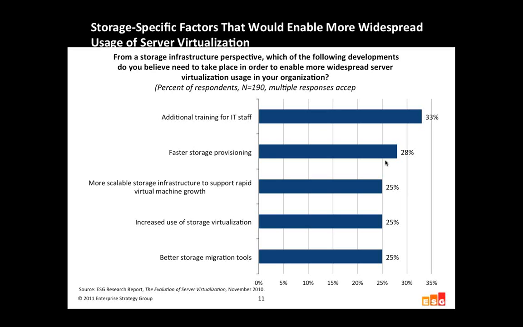So if a virtual machine can move all over the data center in a virtual server world, the data has to be able to move around with it. It does no good if you're moving a virtual machine from physical host A to physical host Z if the data is still stuck to physical host A, for example. So storage virtualization technologies, which arguably have been around even longer than server virtualization technologies, are suddenly becoming highlighted because you need to match those levels at every layer of the infrastructure.